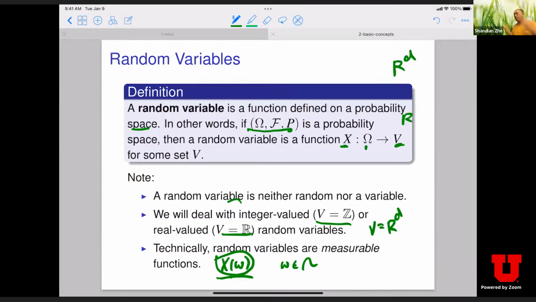So people thought, why not just map those events to numbers or collections of numbers, because people are most familiar with numbers, right? And then you can compute, derive, and quantify anything much more conveniently. That's the motivation why people define random variables. Any question so far?